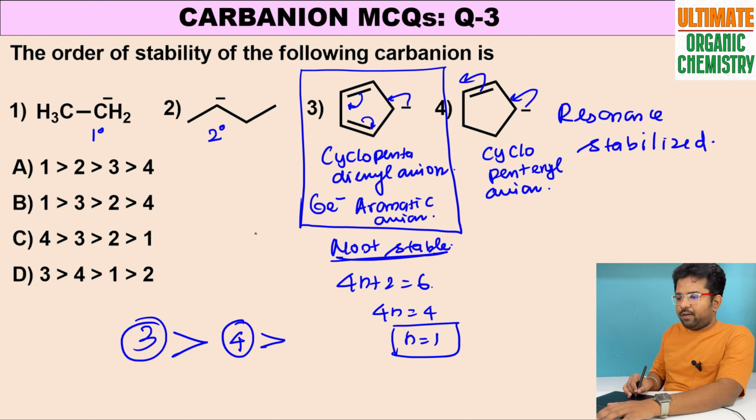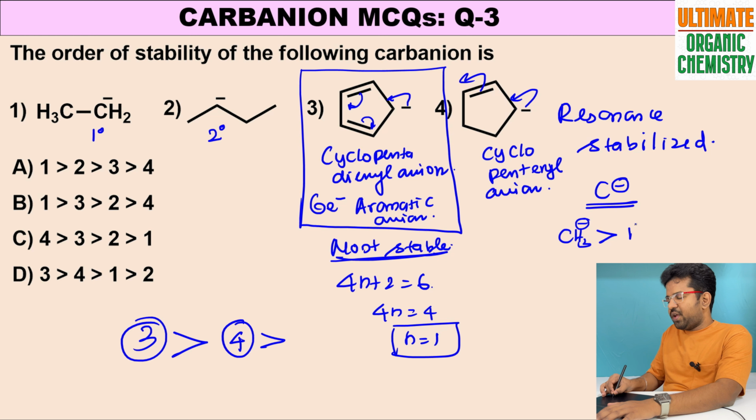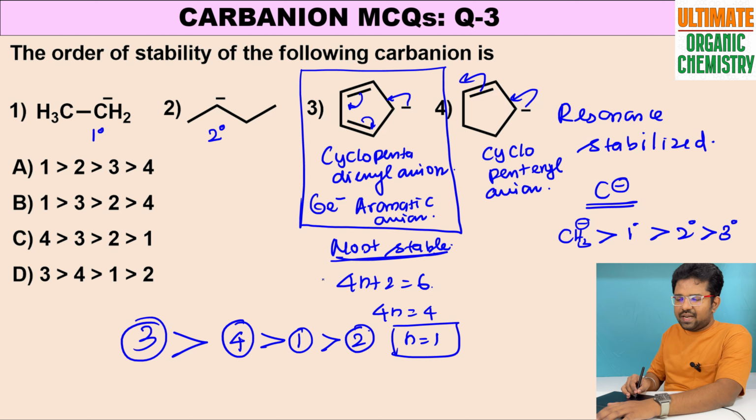And next you have 1, because among carbanions, methyl anion is the most stable, followed by primary carbanion, secondary carbanion, and least stable will be tertiary carbanion. So in that aspect, primary carbanion, species 1, will be next stable, and the least stable would be 2, because it is a secondary carbanion. So that means 3, 4, 1, 2 is the right answer.